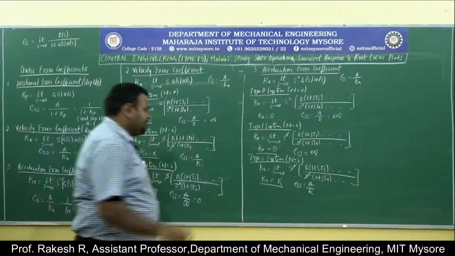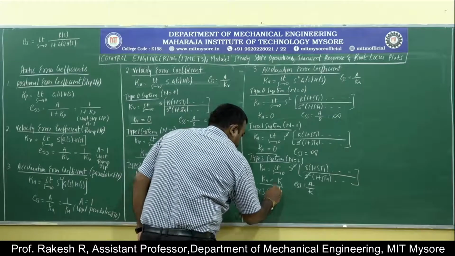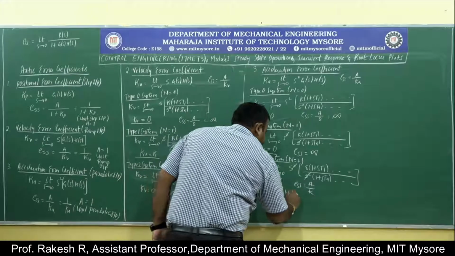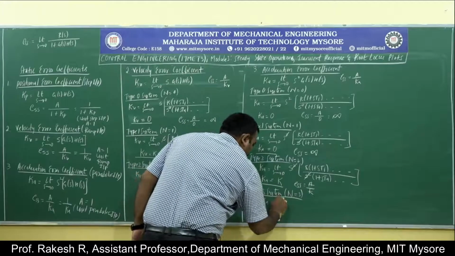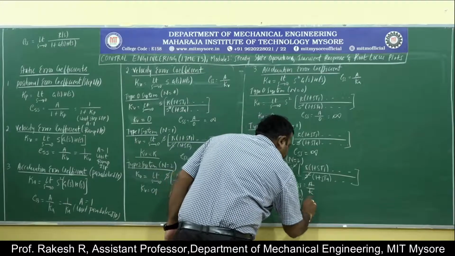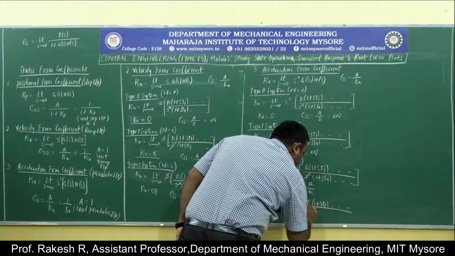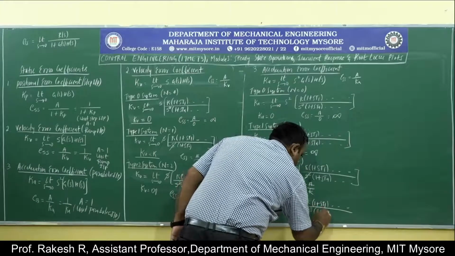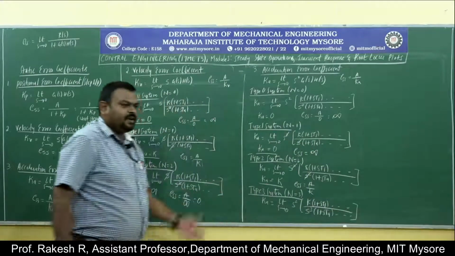Next, the last system is type 3 system. Type 3 system, n is equal to 3. Ka will be equal to limit of s tends to 0, s square, K into (1 plus sT1), (1 plus sT2), etc. divided by s cube, (1 plus sTa), etc. If you apply the limit, what happens?